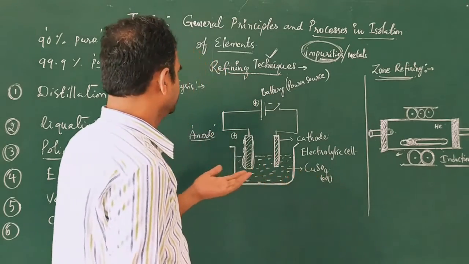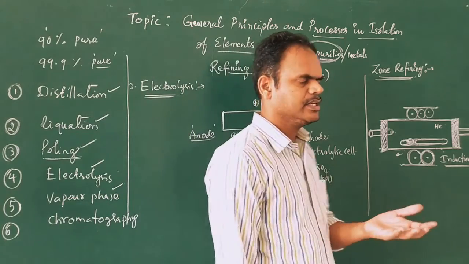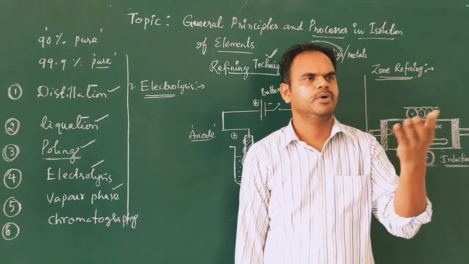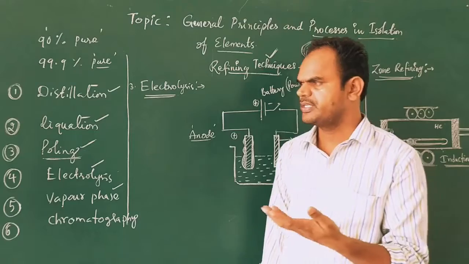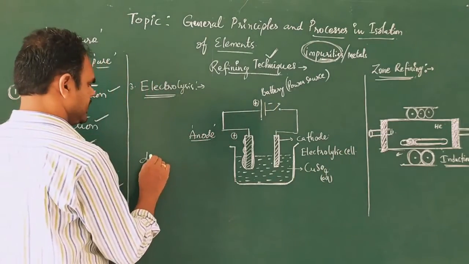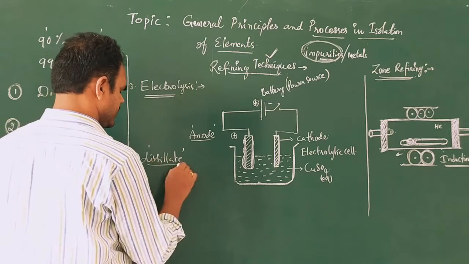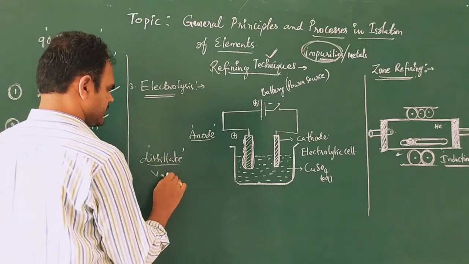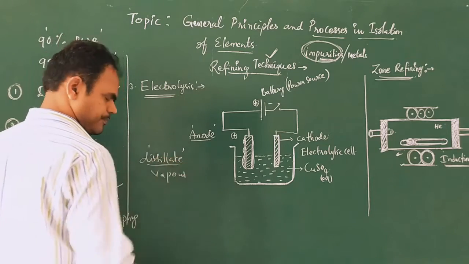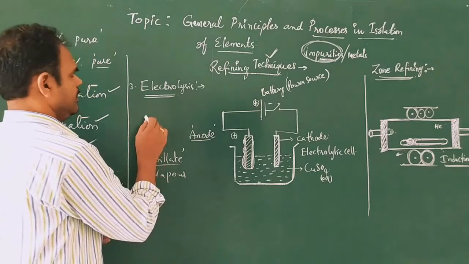So, what does distillation mean? It is heating the metal or any element above the boiling point, so as to get the vapor, which gives the distillate.